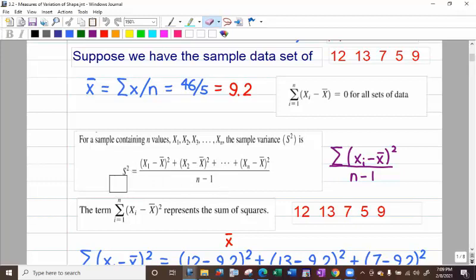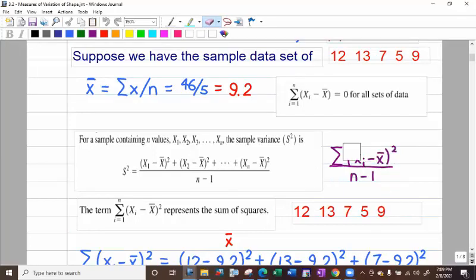We call this S squared. That's called the sample variance of a data set, where we square all the deviations, add them up, and then divide by n minus 1. So if you have 5 numbers, you'll divide by 4.